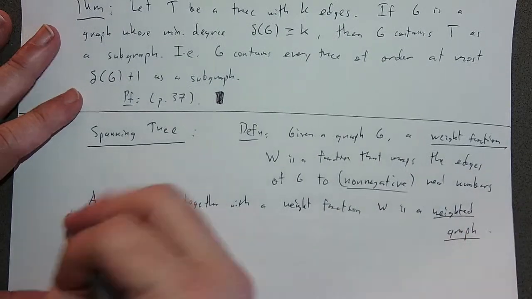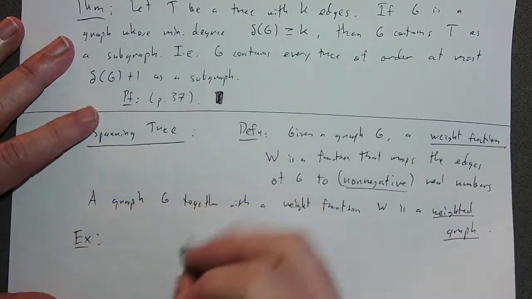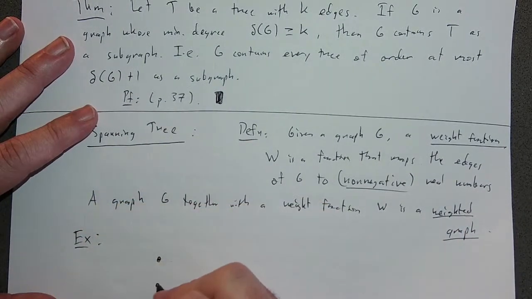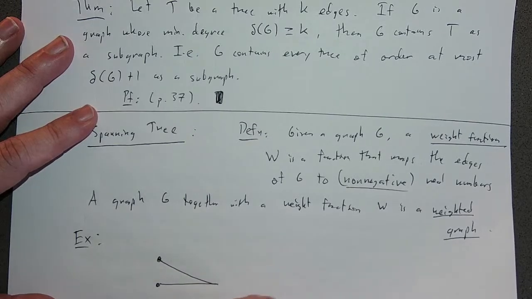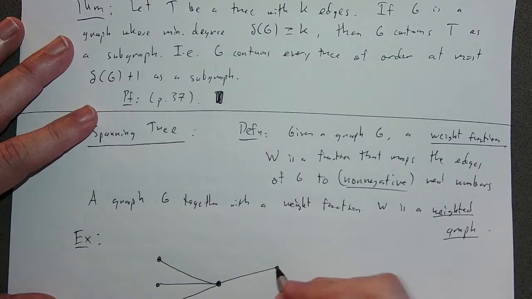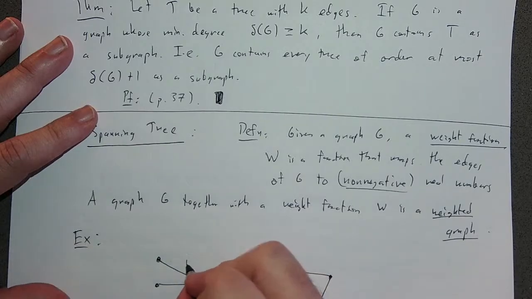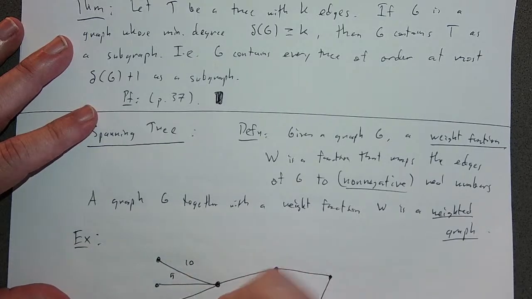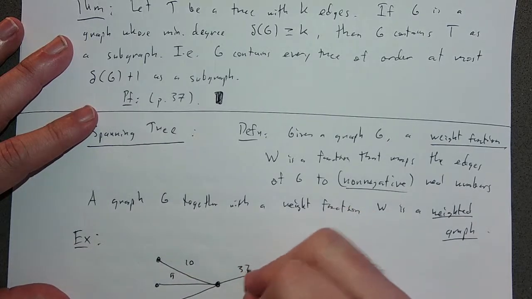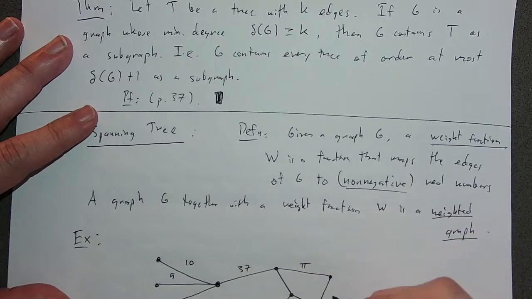So an example of that, of course, might be something like this. 10, 5, 1, 37. Put pi here, put e here.